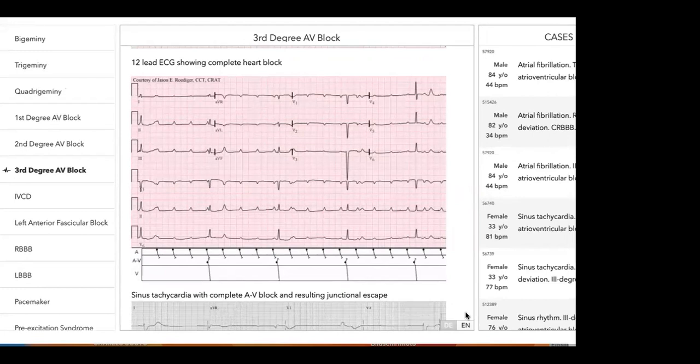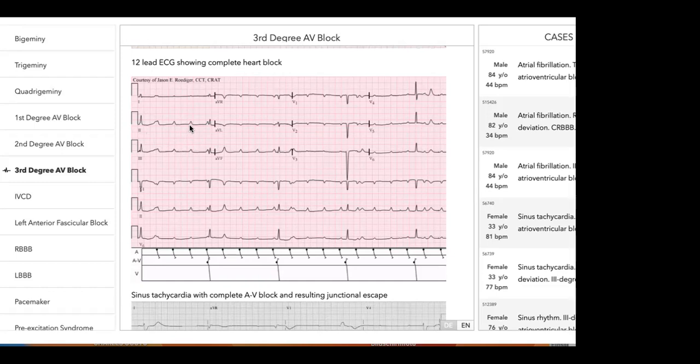We take the second lead, for example. We see a QRS complex. We see another QRS complex. Move to the second QRS complex and show the first P. And the second P. Right.